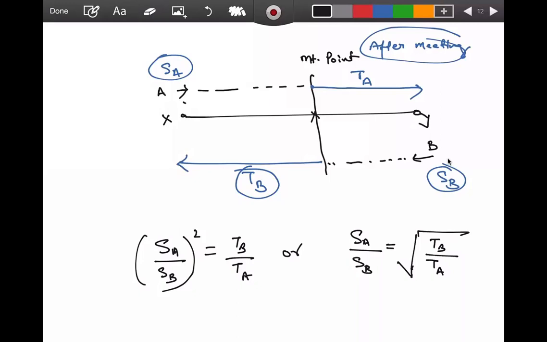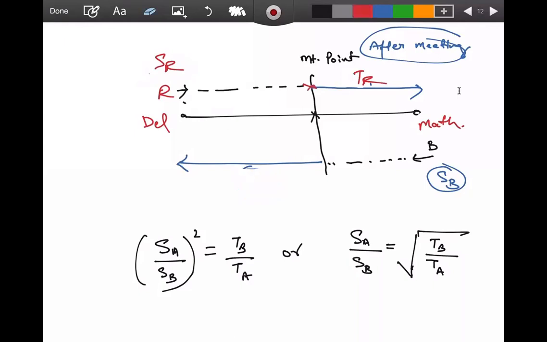Now, let's read the question again. Rakesh sets out to cycle from Delhi to Mathura. ये राकेश है, इसकी स्पीड SR, टाइम TR आफ्टर मीटिंग, और सुरेश है, इसको SS ले लेते हैं, टाइम TS ले लेते हैं.